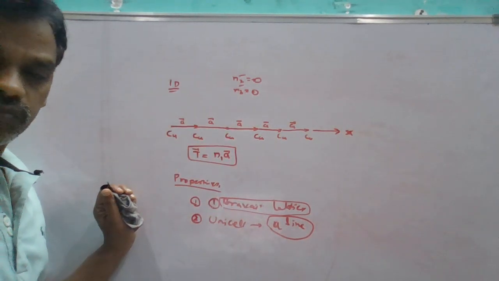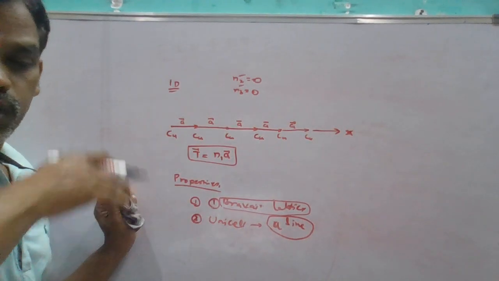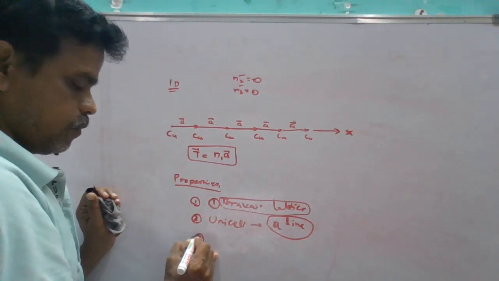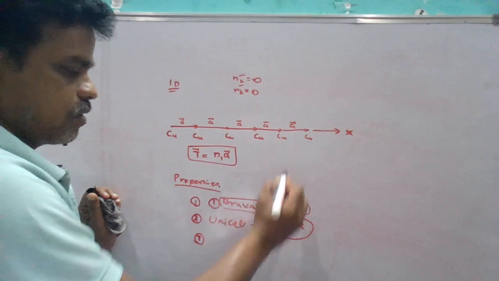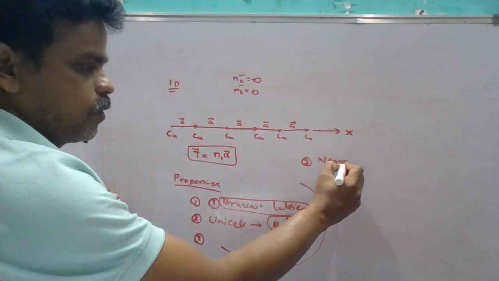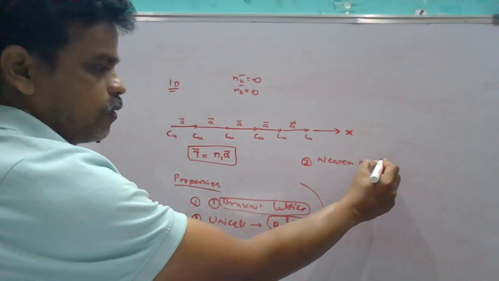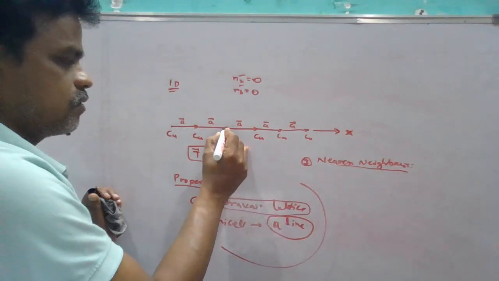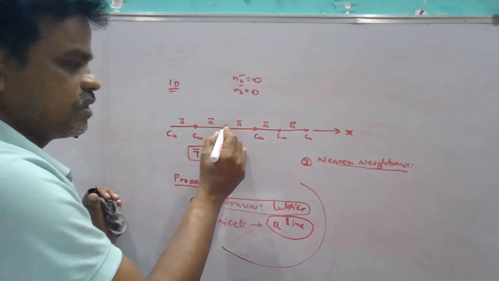Then, the third property: nearest neighbor. Take one atom here. What is the nearest?